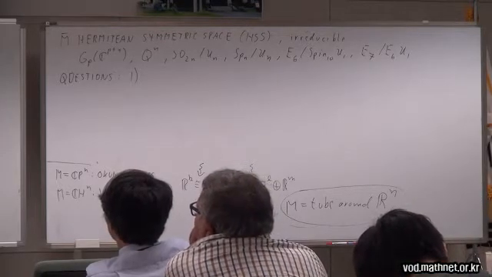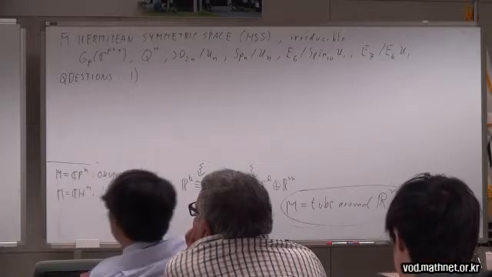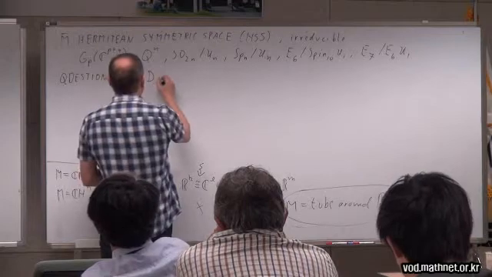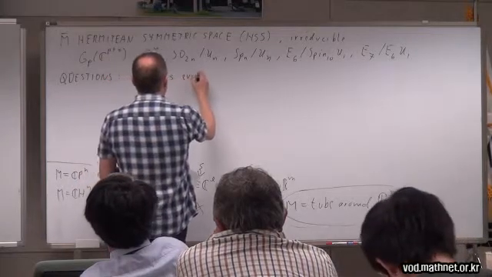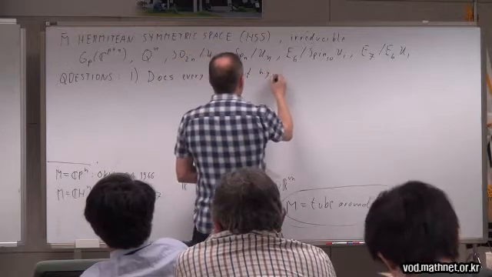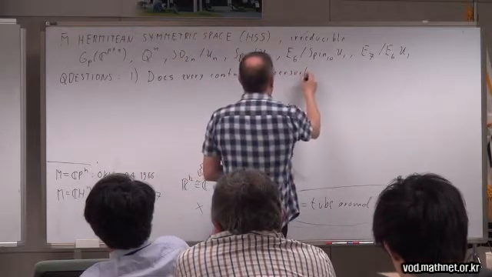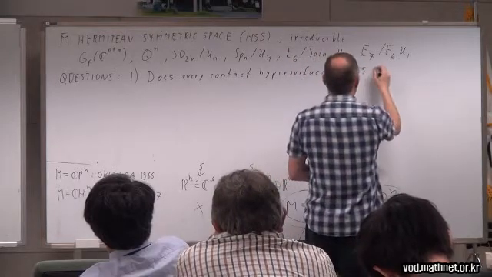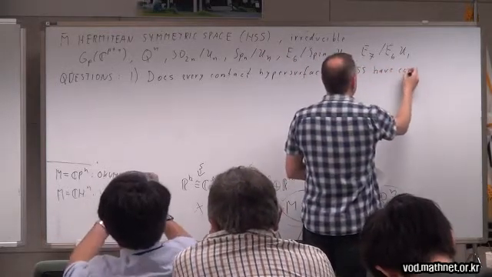Constant mean curvature seems to play a special role. So my first question is, does every contact hypersurface in a Hermitian symmetric space have constant mean curvature?